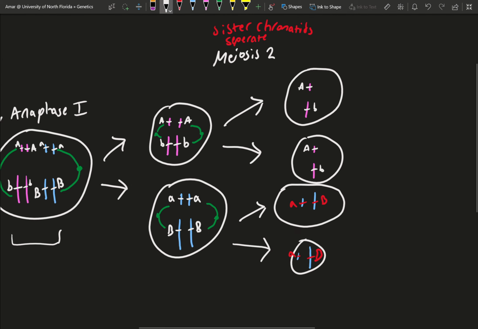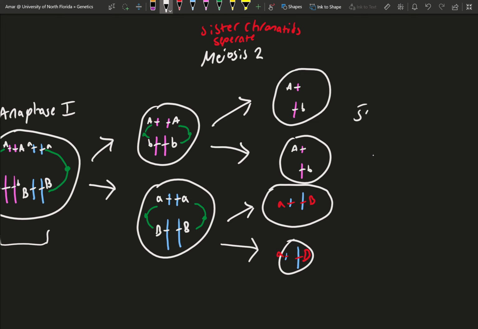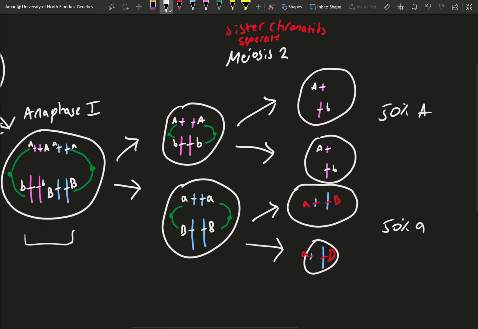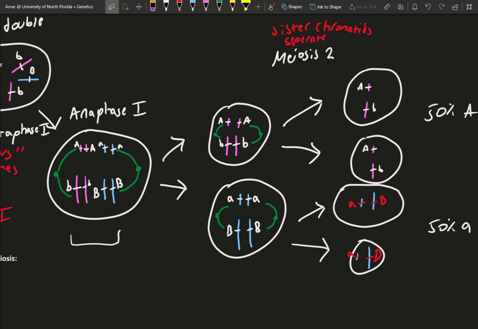So this would be 50% chance to get big A, and this would be 50% chance to get little a. So basically, anaphase 1 is responsible for the law of segregation.